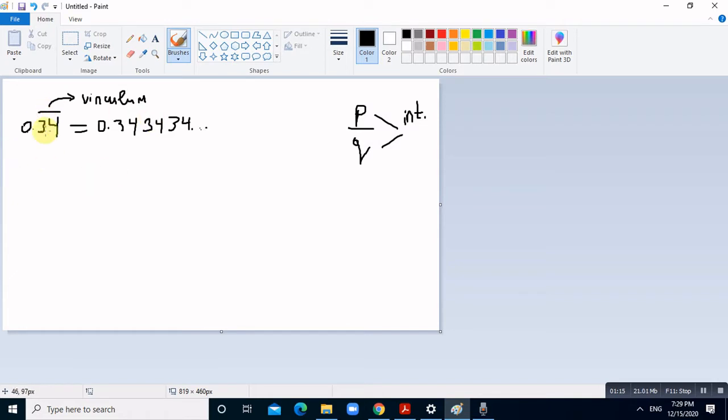And how do we approach this? So how do we go from this repeating decimal to something of this form? Well, I can set up an equation. I can say let x be equal to 0.34 repeated, which, as we stated up here, is also equal to 0.34, 34, 34.